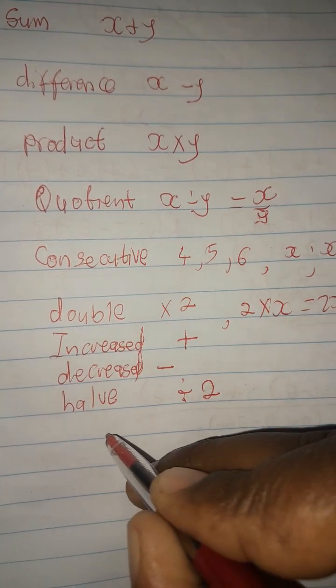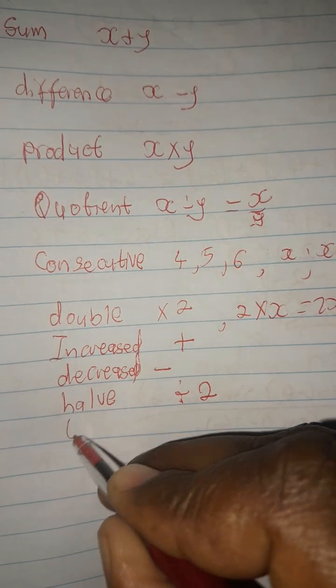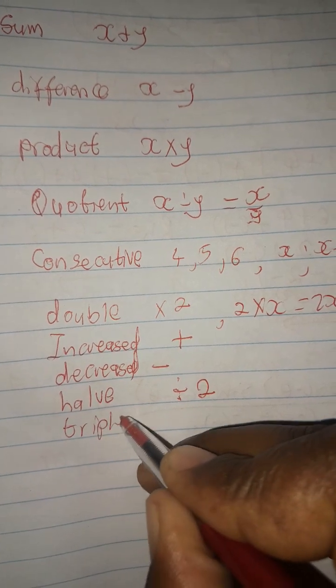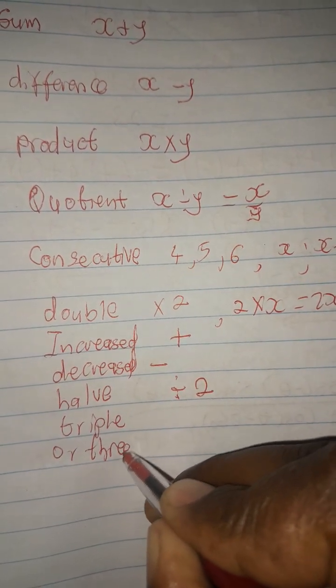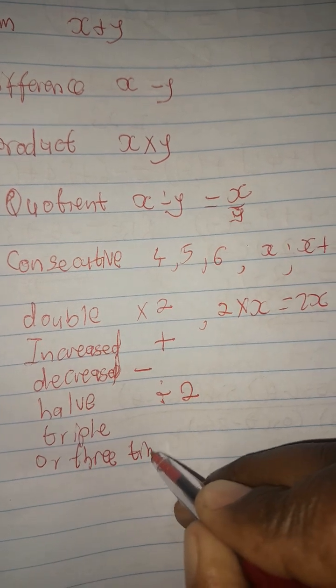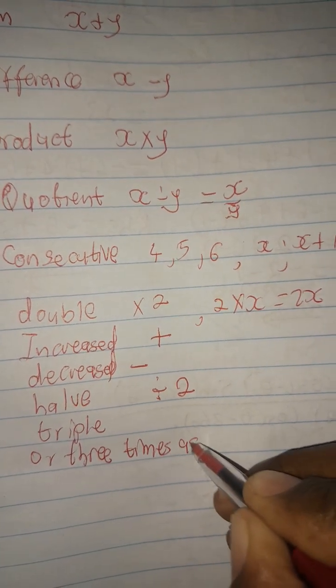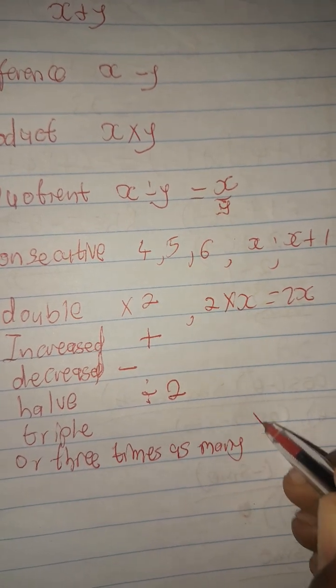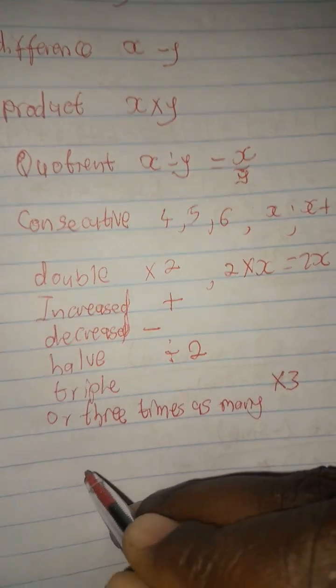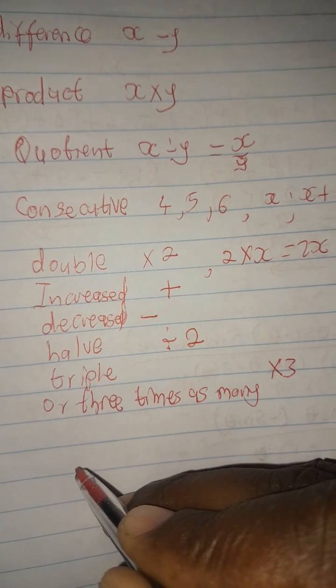When it's triple, or 3 times as many, maybe you could say you multiply by 3. That is very important to note.